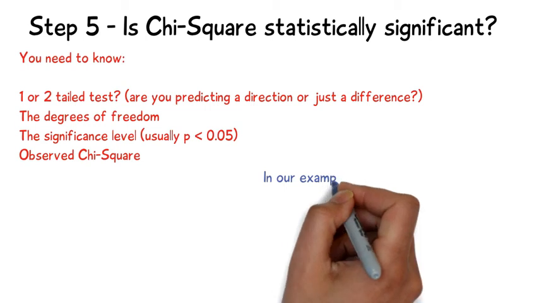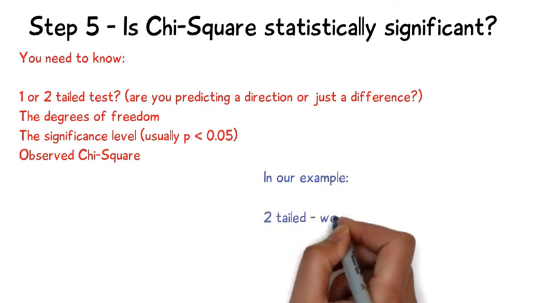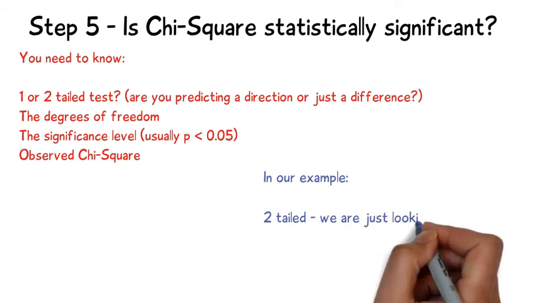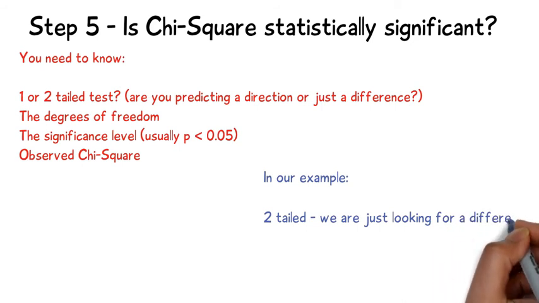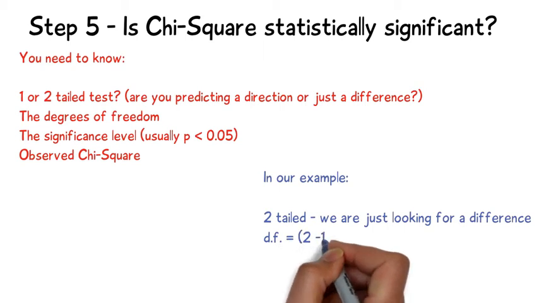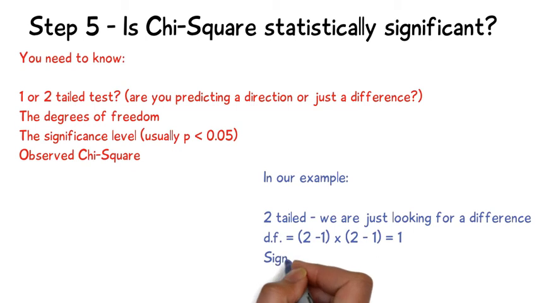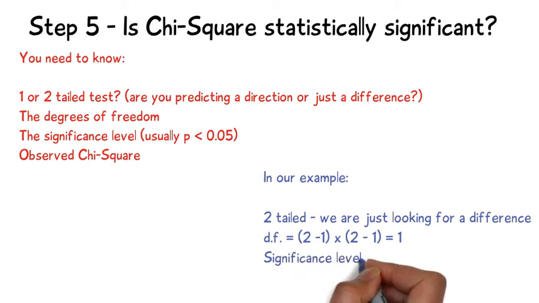So in the example that I've been walking you through, what have we got? We've got a 2-tailed test, so we're just going to predict there's a difference. Our degrees of freedom is, well, it's a 2 by 2 table, so it's going to be 1. Our significance level is going to be p less than 0.05.